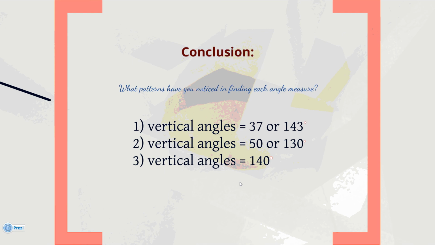Hopefully, you've noticed some patterns in each of the examples that we've done so far. The vertical angles in the first one were 37 or 143 degrees. In the second, they were 50 or 130, depending on which pair you were looking at. And in the third, they were 140.